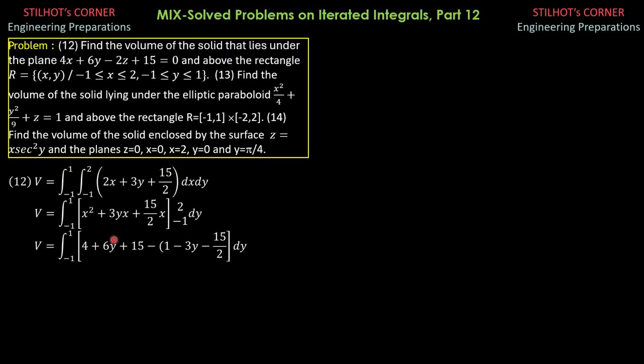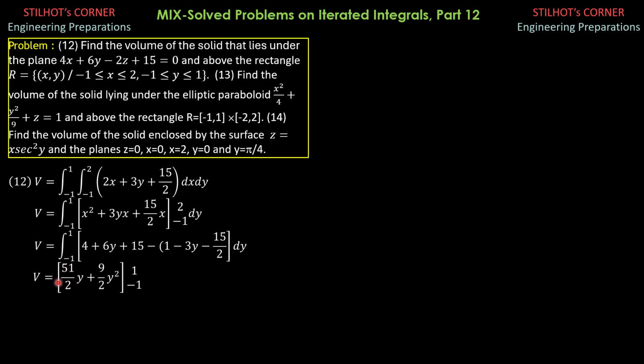Then the integral of 9y is 9y squared over 2. So 51 over 2 y plus 9y squared over 2 from negative 1 to 1. Since this is an even function and the limits are numerically equal, we just ignore that. That's 0. And we just consider this.